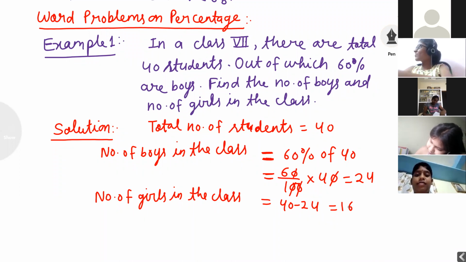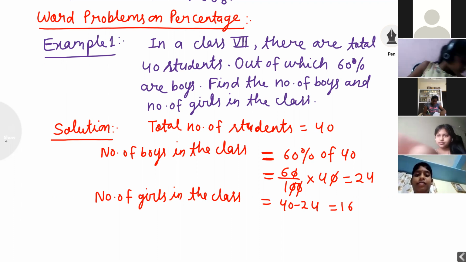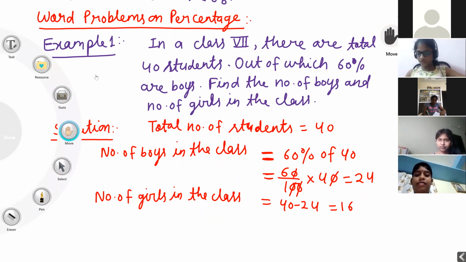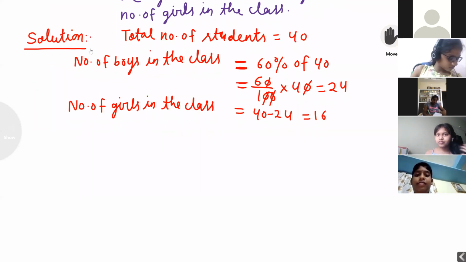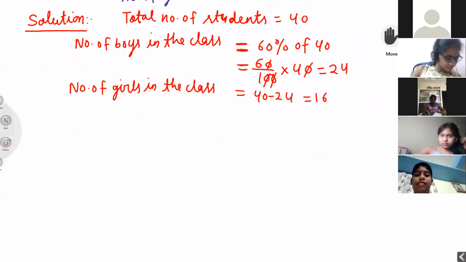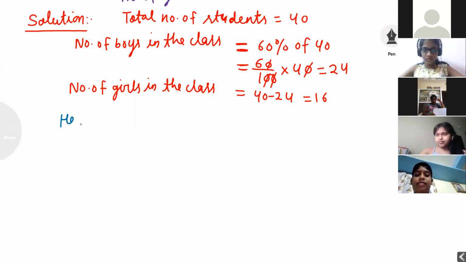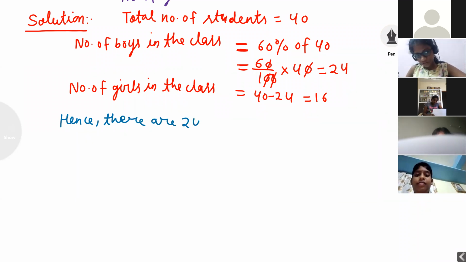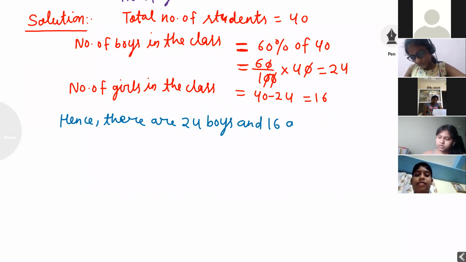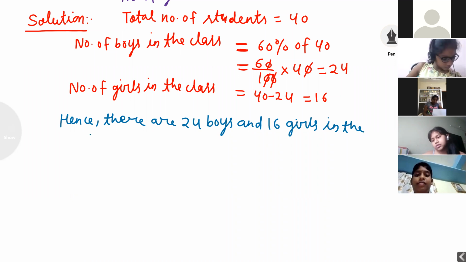Hence, there are 24 boys and 16 girls in the class 7th.